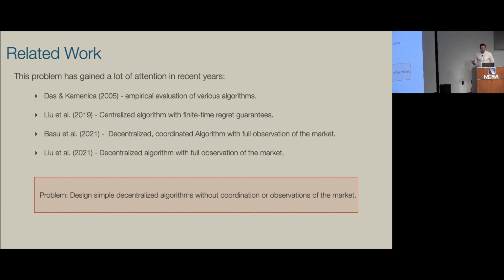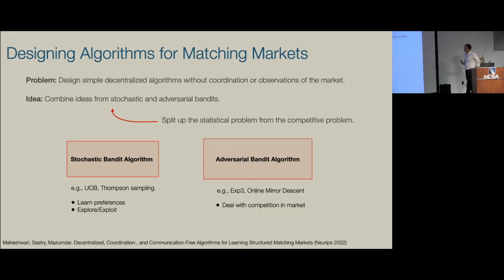And we really want to do something without observation of the market, and without this centralized decision making. So we really want simple, decentralized algorithms that can learn without coordination or observations of the market. So our approach to this problem, and Chin Mei, I should say, is the main author, is right there, and he'll be presenting a poster on this later today, or maybe tomorrow.